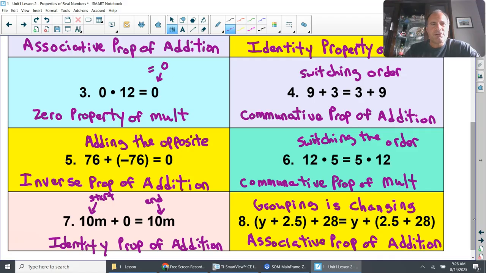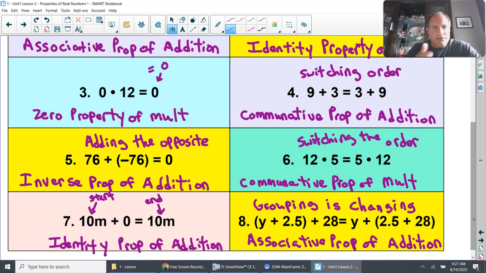Remember, when we're talking about associative property, it's just the grouping that changes. So the parentheses are moving around the different set of numbers. Commutative property, it's just a switch. All right, 2 plus 1 equals 1 plus 2. Inverse property, when you're adding, it's like 50 plus a negative 50.